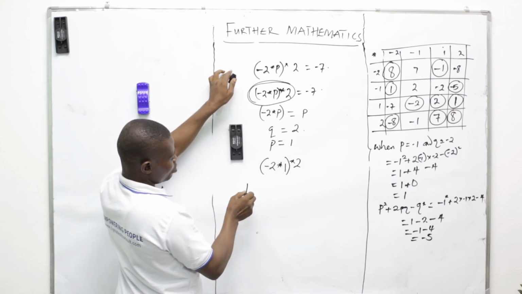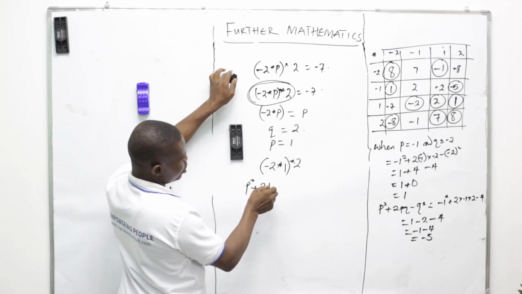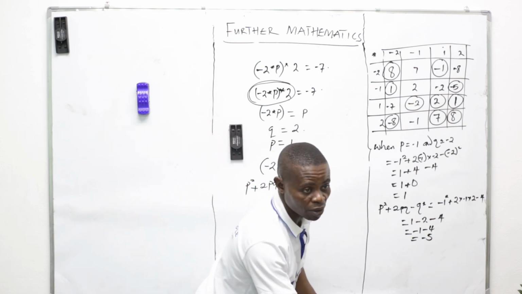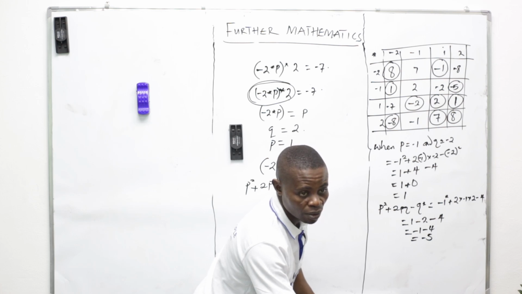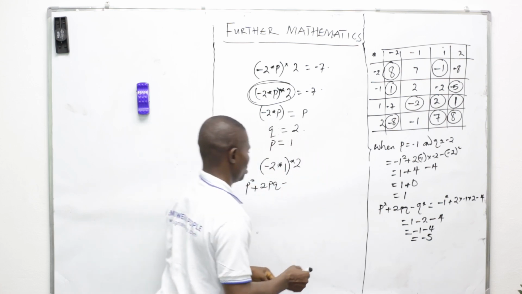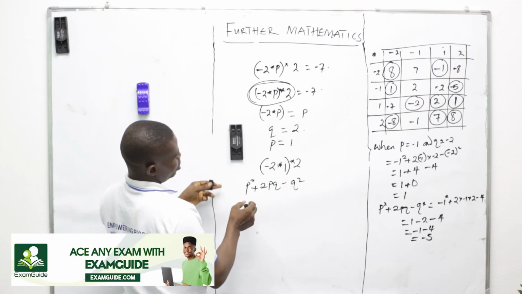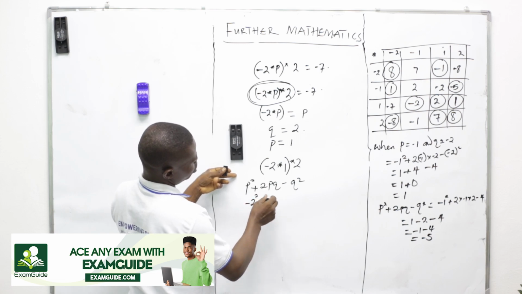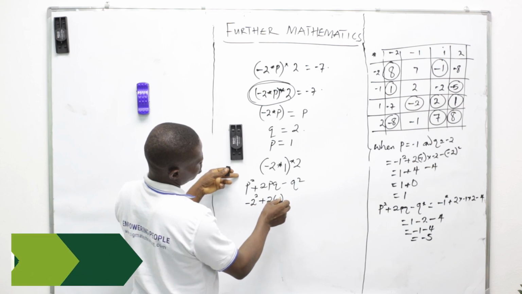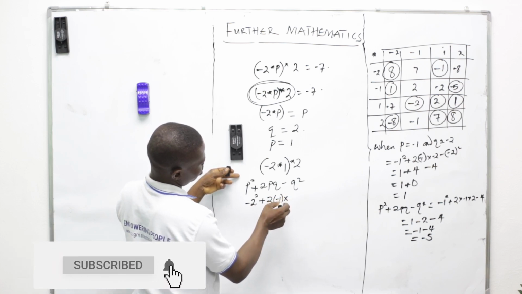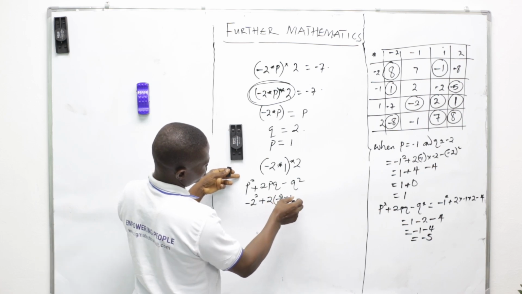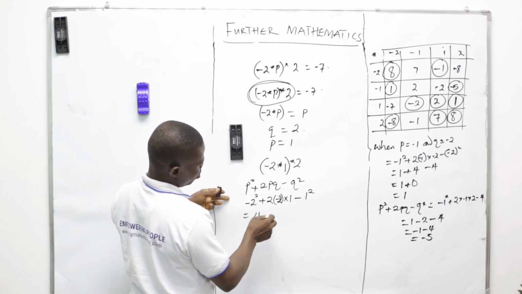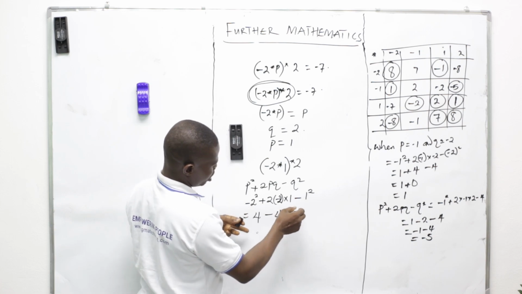Using the general formula, p squared plus 2pq minus q squared, minus 2 squared plus 2 into minus 1 times 1 minus 1 all squared. Here we have 4 minus 4 minus 1.